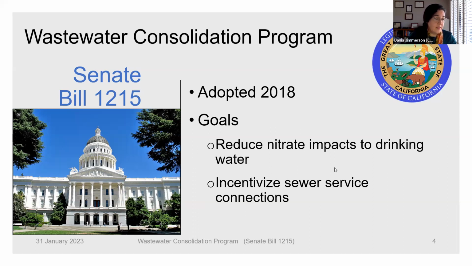As well as the State Water Resources Control Board, authority was given to the regional boards to administer this program and also to make sure that disadvantaged communities served by inadequate on-site sewage treatment systems are connected to sewer services.